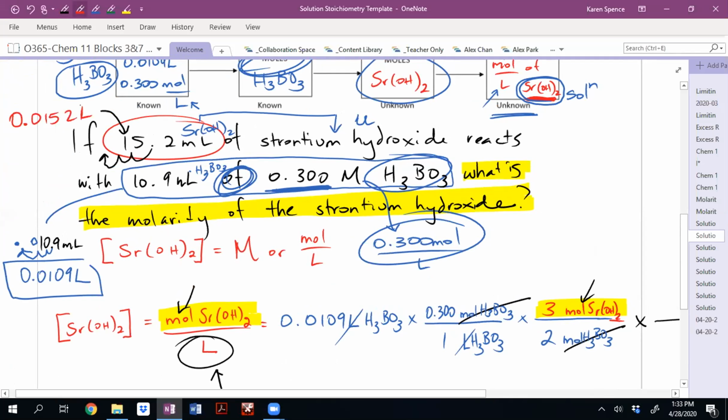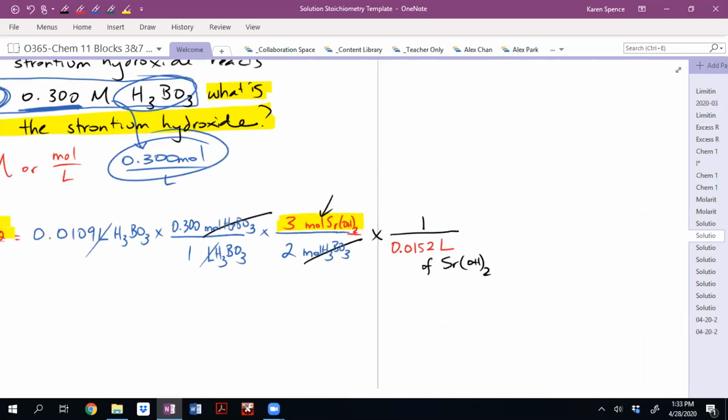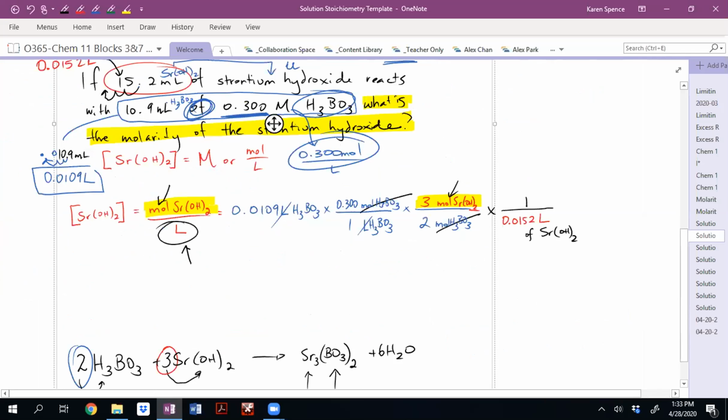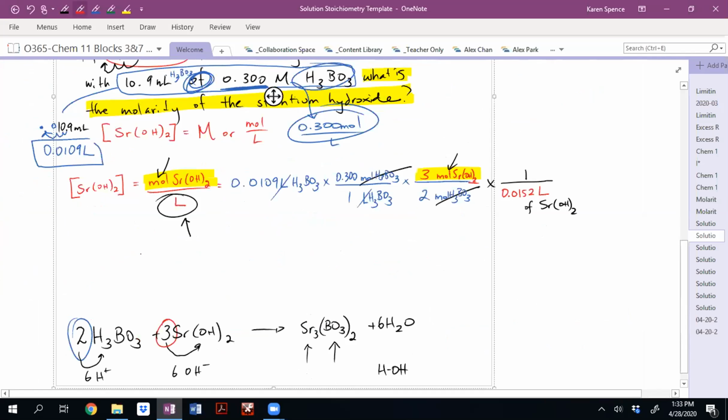Okay, so we're going to go over here and say we have 0.0152 liters of Sr(OH)2. So let's now shrink that a little so we can see it all in one place.